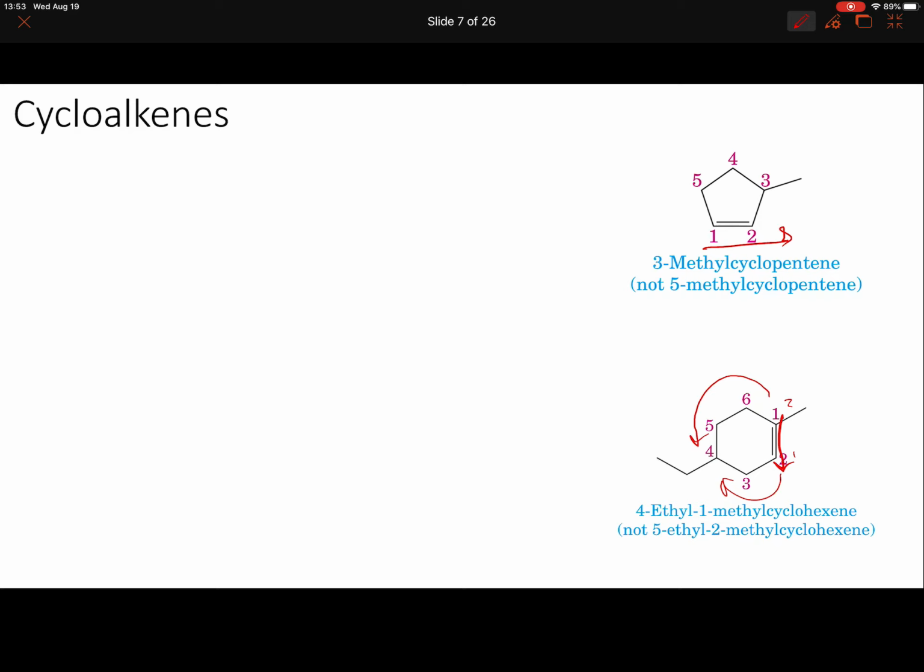It's implied that the 1 is going to be in there. So we could have left that out in our previous example of 1,3-dimethyl cyclopentene. Same thing here. 4-ethyl, 1-methyl cyclohexene. They're not saying 4-ethyl, 1-methyl, 1-cyclohexene. So we can leave it off unless there's more than one, and then we might have to talk about that.